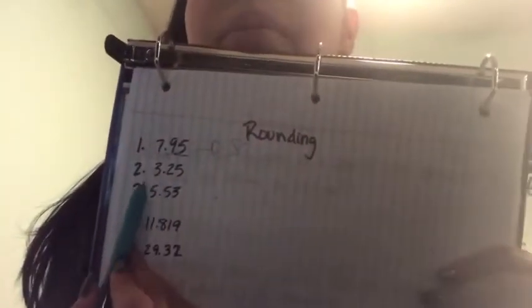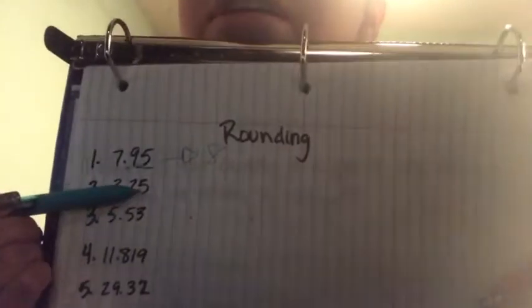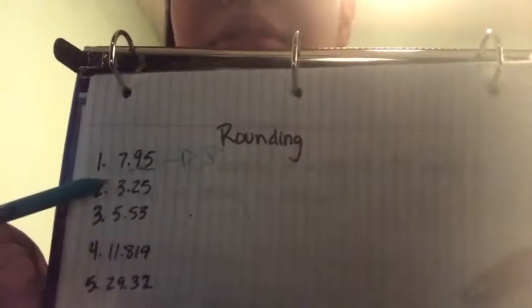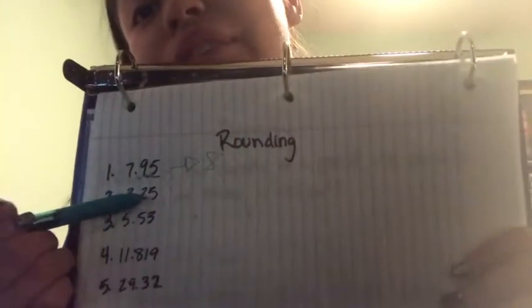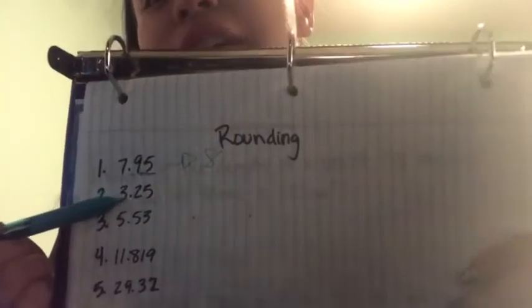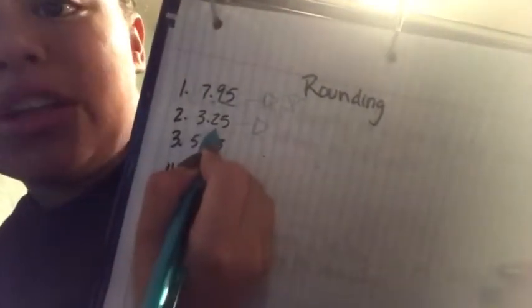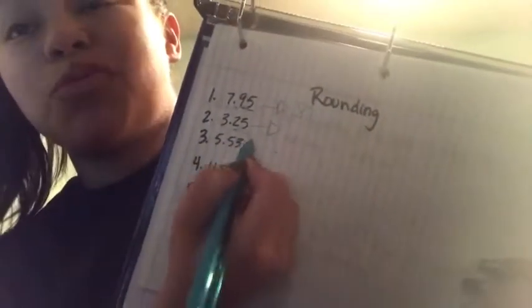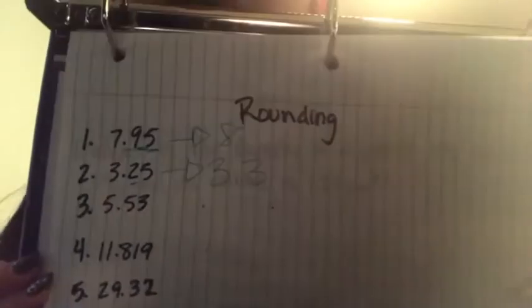Second problem is 3.25. That one as well has 5 as the last number. If it's 5 and up, we round up, and if it's lower than 5, we round down. So 5 is 5 or more, so we would round the number 2 up to a 3 since we're rounding up. So this would be 3.3.